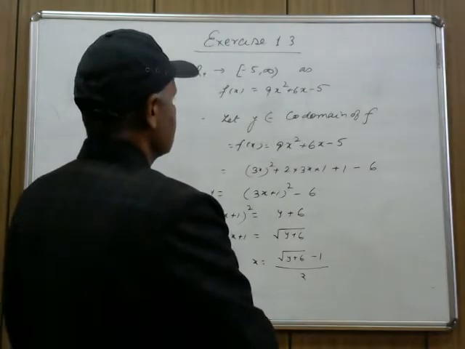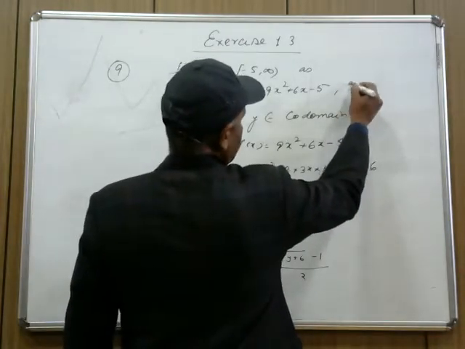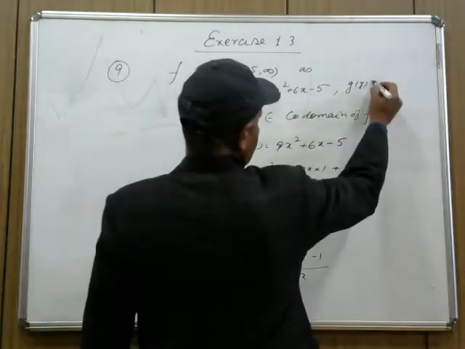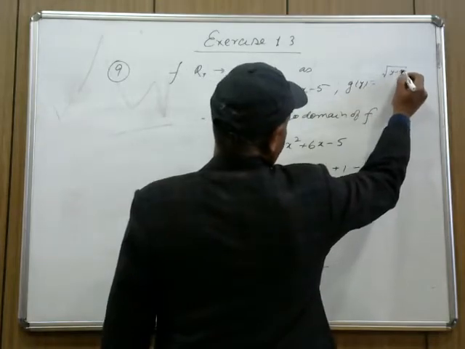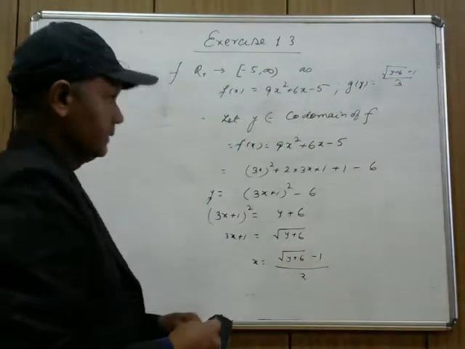F of x is 9x squared plus 6x minus 5, and g of y we have discussed as (under root y plus 6 minus 1) upon 3, isn't it?